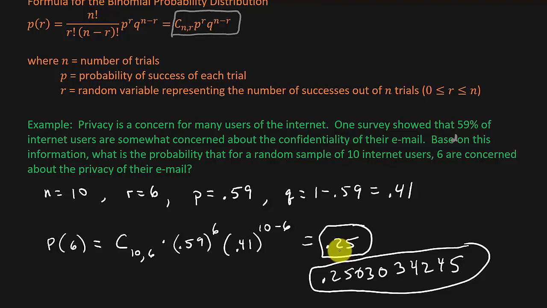Usually when I'm dealing with probability, I'll have them round it to 3. But if you round this one to 3, you'll get 0.25 anyway. So, but yeah, there's your answer. That's all it is. Like I said, the main thing is identifying N, R, P, and Q. And then you just plug it in.